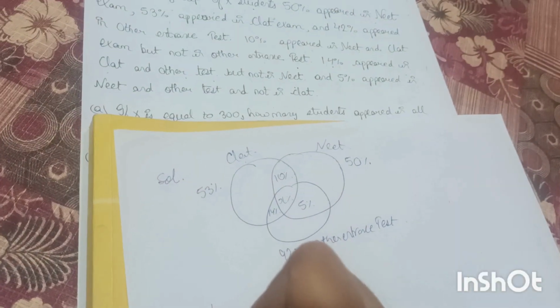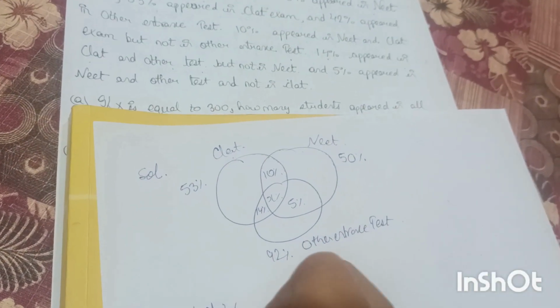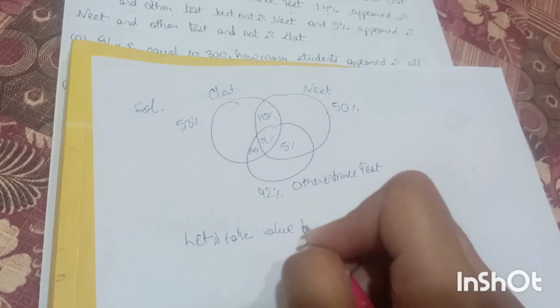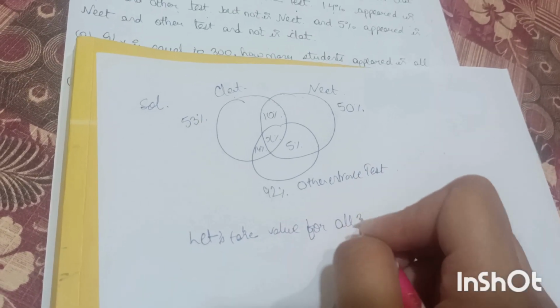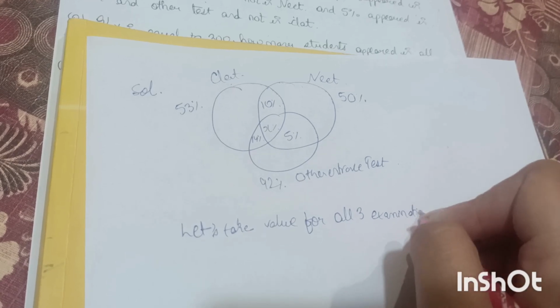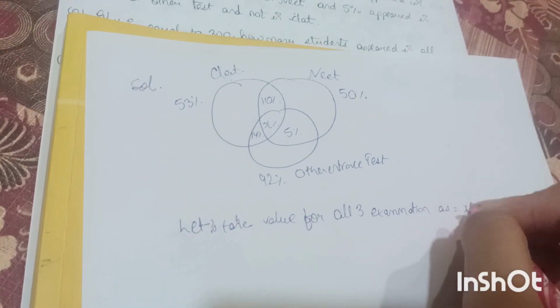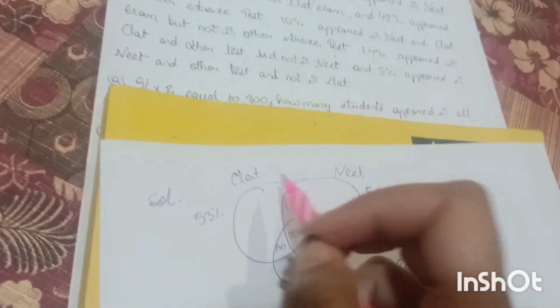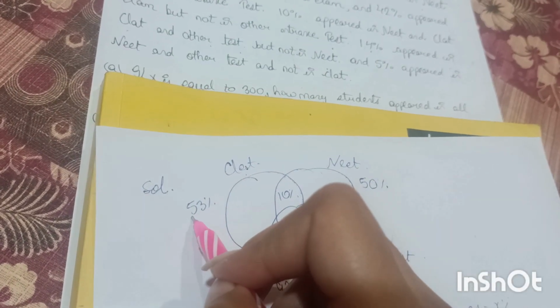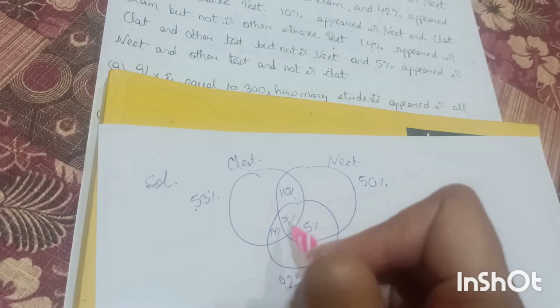Let's take the value for all three examinations as X%. Now if you have to find only CLAT, you will do total CLAT minus this.